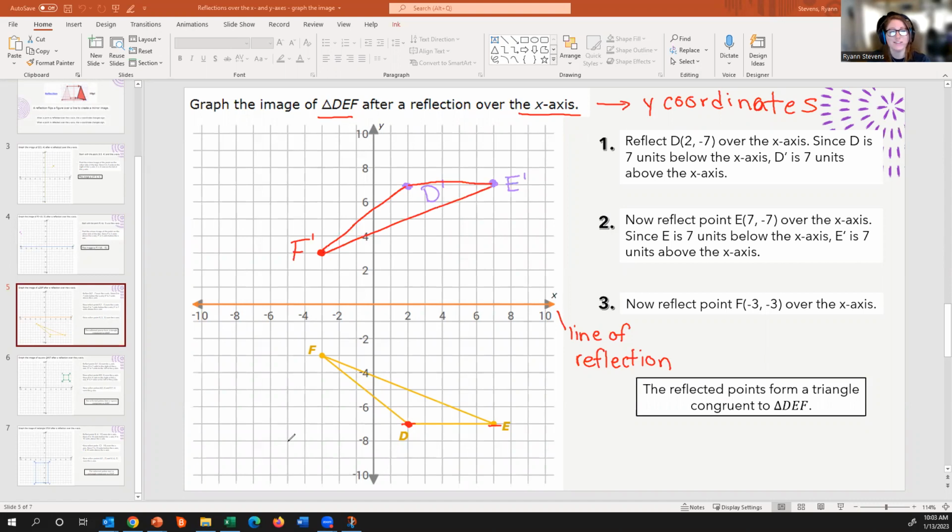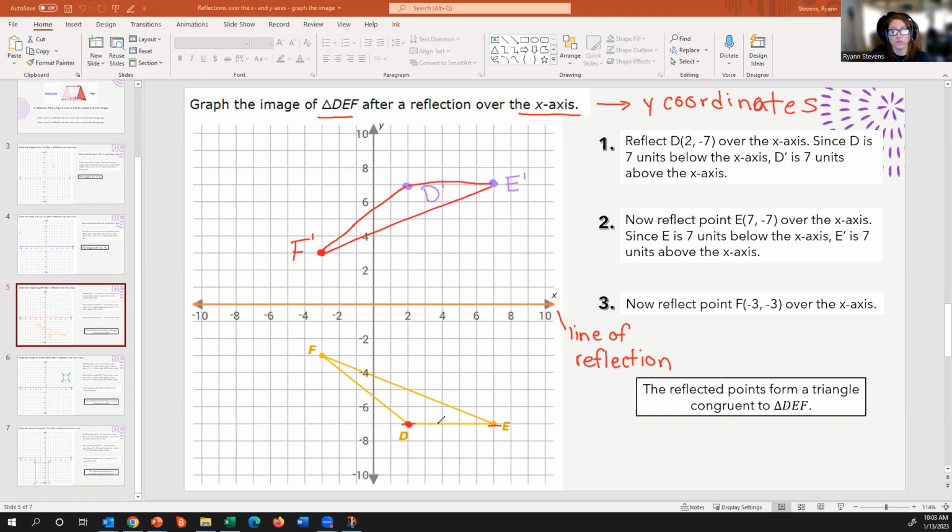I know my triangle looks a little bit different, but again, this is a reflection across the x-axis. So it doesn't change the size and the shape from the pre-image to the image. It might change the orientation, which is the way that the shape is pointing or how it's turned. In this case, it does look like it is flipped upside down.